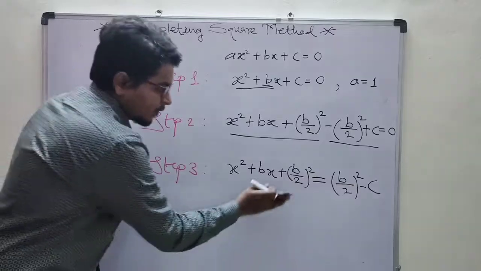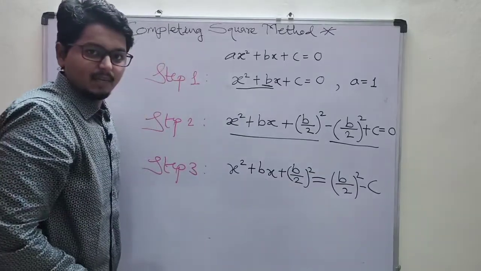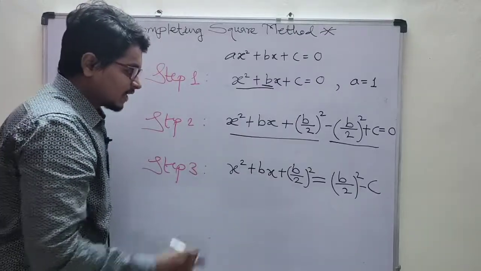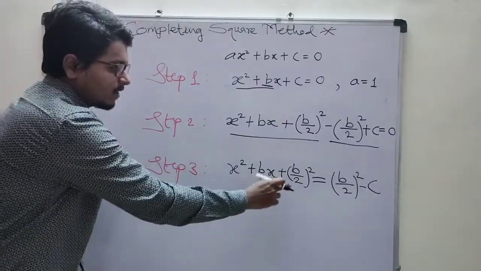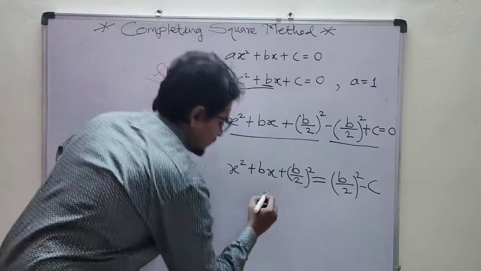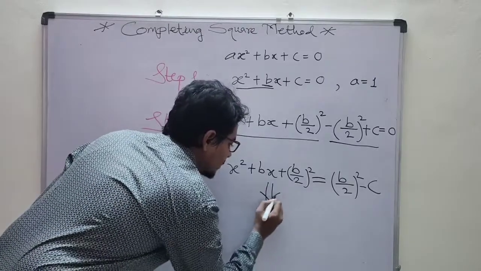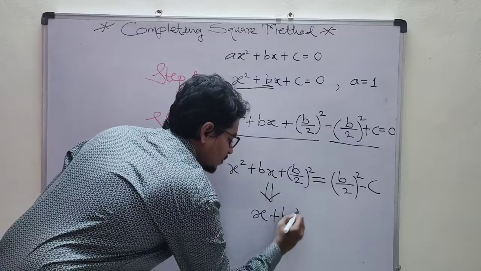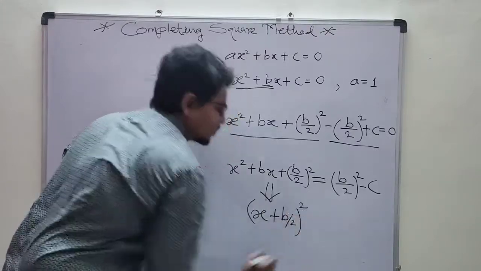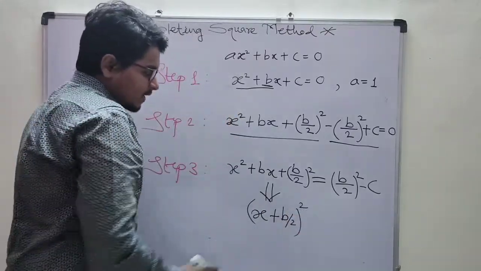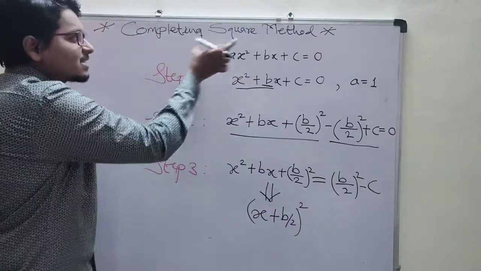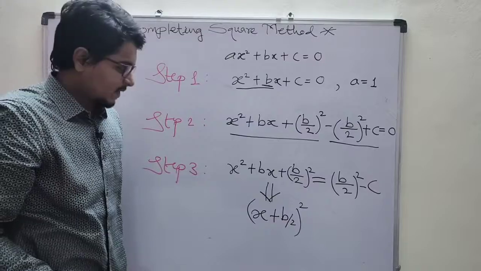Now, if you observe this LHS carefully, you will find that it is the expansion of x plus b upon 2 whole square. That's why we are calling this method the completing square method.